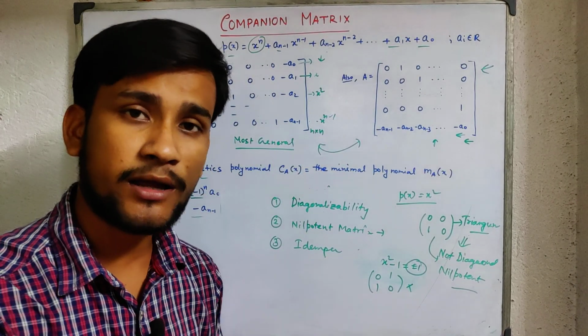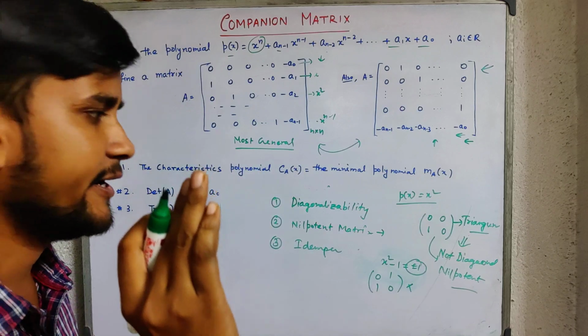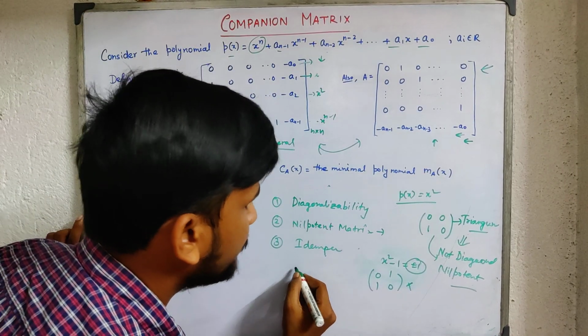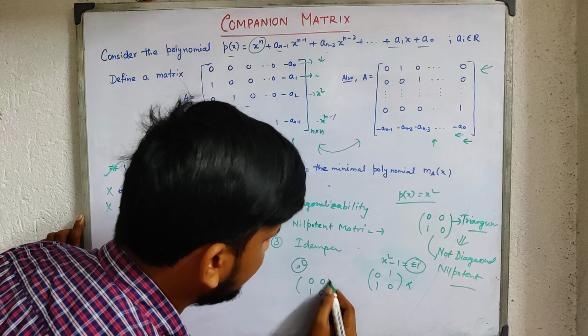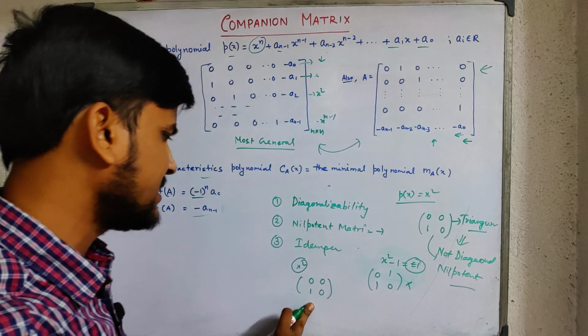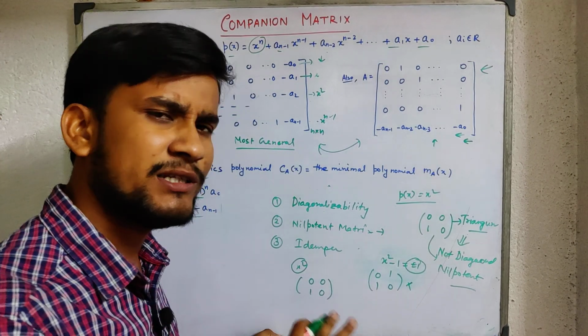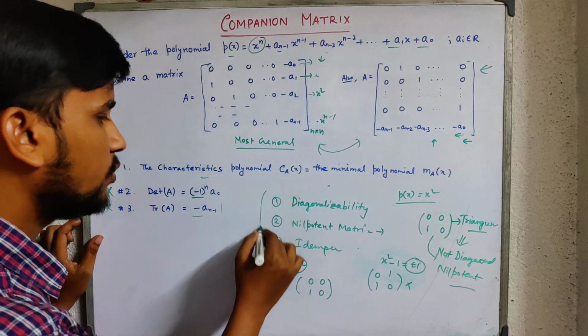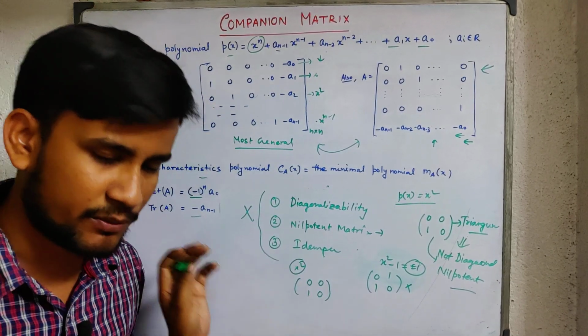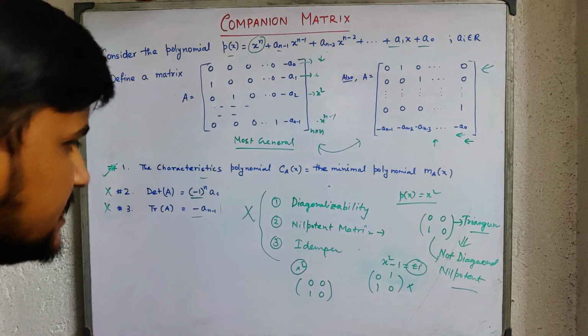The matrix may be idempotent, may not be idempotent. Suppose we take x square, then 0 0, 1 0, I think this is an idempotent matrix. Just check it once. This is a very easy example; you can verify it. So there is no such relation between these things. Now this is clear.